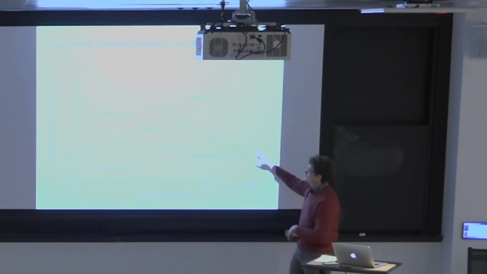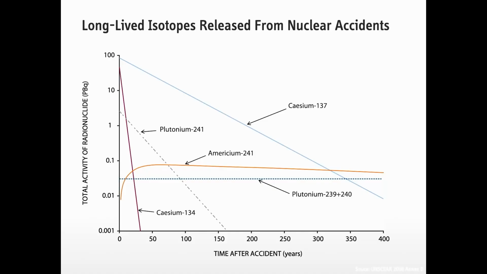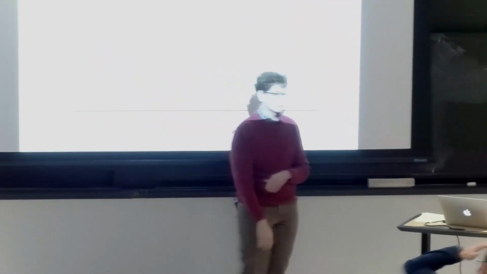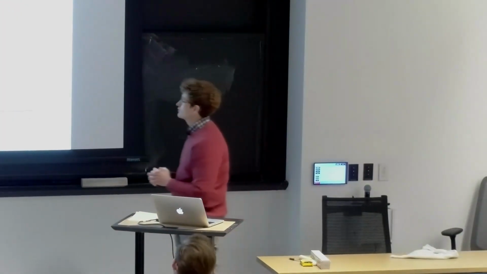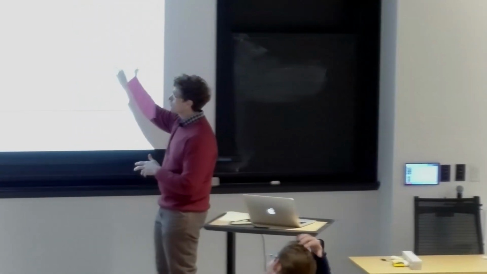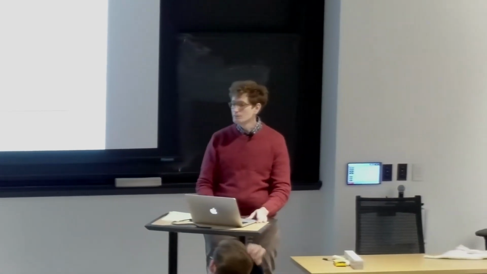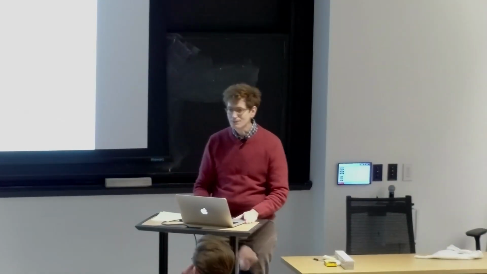And these other ones dominate at hundreds of years, but this is a log plot here. These are the two isotopes of principal interest, cesium-134 and cesium-137. Iodine-131, which is not shown on this plot, is even more important. It has a very short half-life, so it decays entirely in a few months, a couple of years, basically.